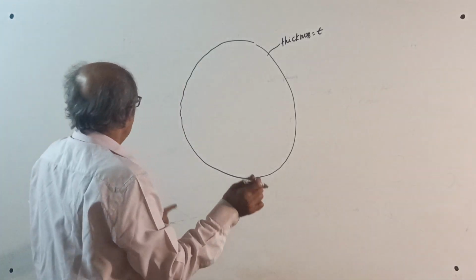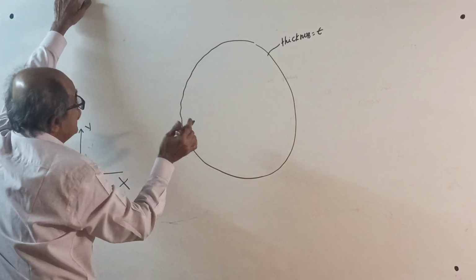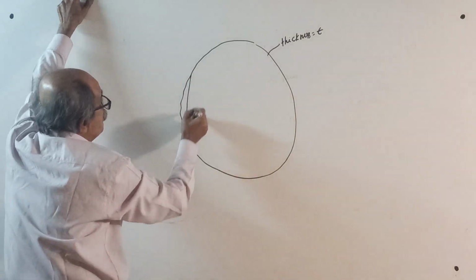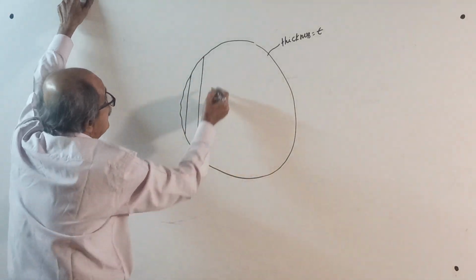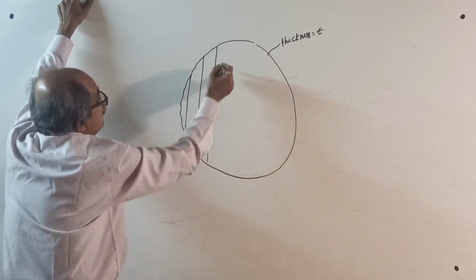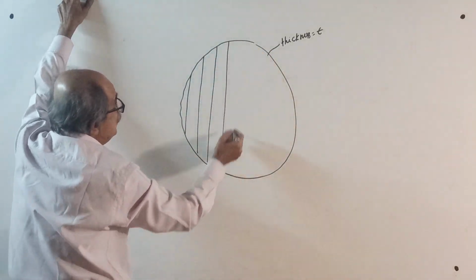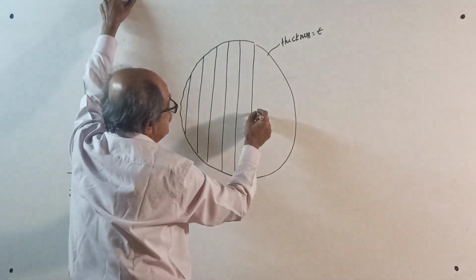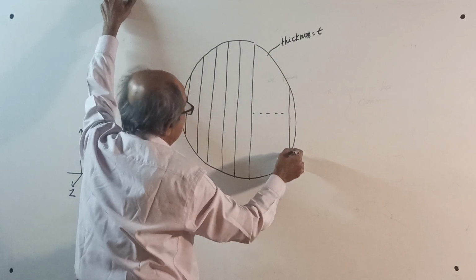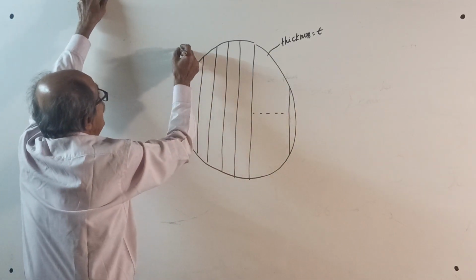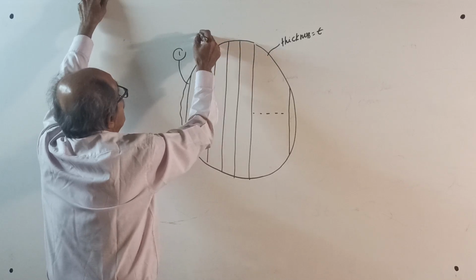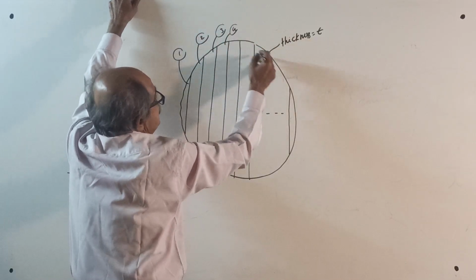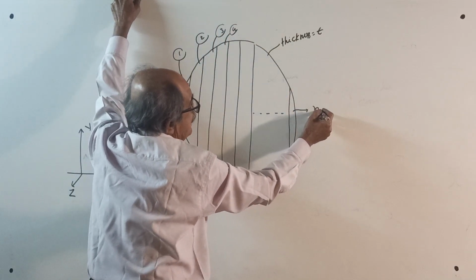Now, to understand correctly, divide this into multiple number of parts, vertically. Multiple number of parts: part 1, part 2, part 3, part 4, and so on, up to part n.